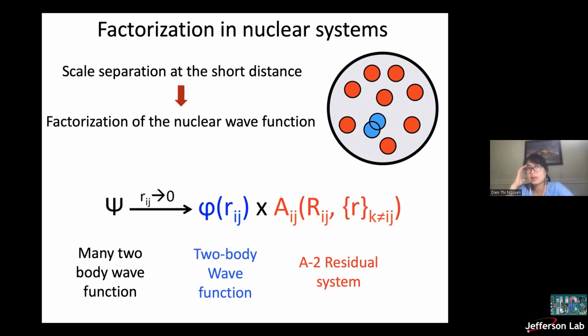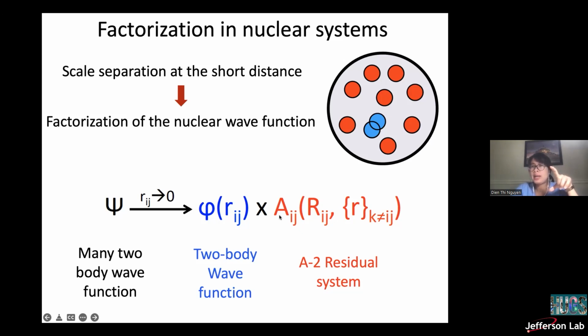So based on this idea, if you accept it for a moment, we can do what we call a factorization of the nuclear wave function. Now, if we want to study these many-body objects, we need the many-body wave function. We can write the many-body wave function at short distance as a product of two terms.